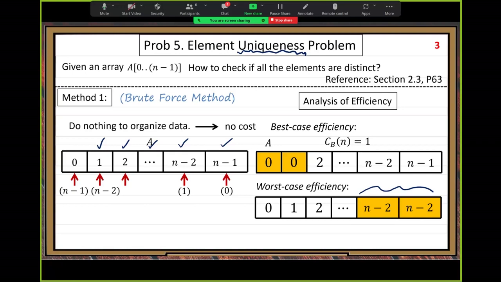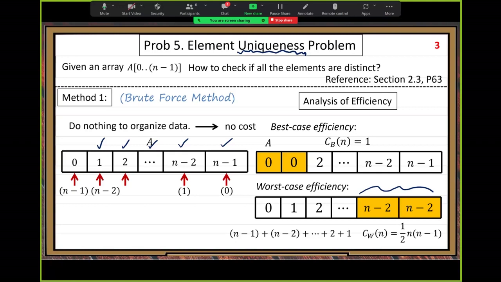So here I choose these numbers as simple as possible. For the last two, different indices but the same value. How many comparisons for the worst case? So we need to add up these n minus 1 consecutive numbers to get 1/2 times n times n minus 1. So that's the worst case.